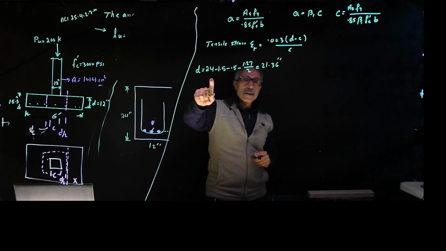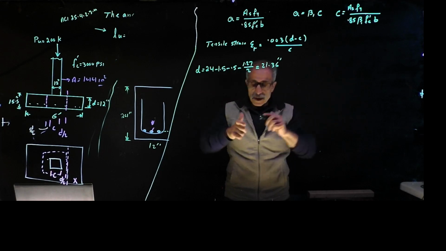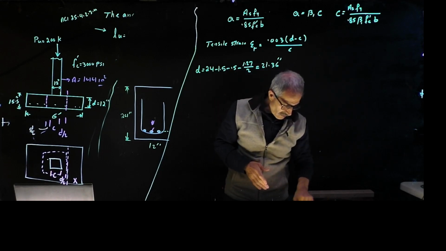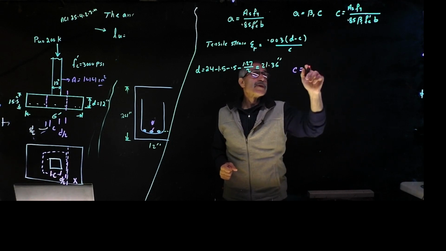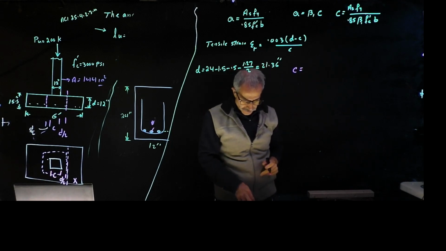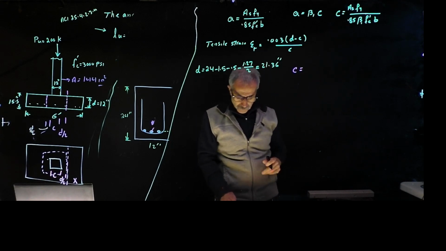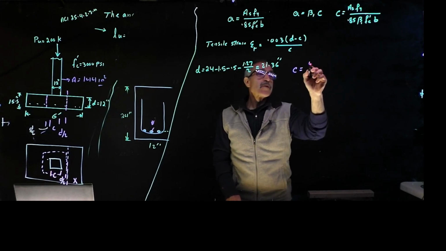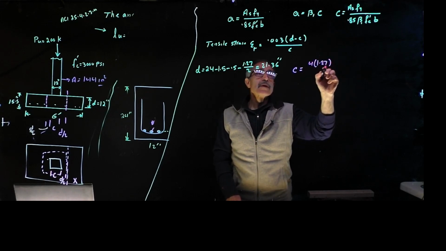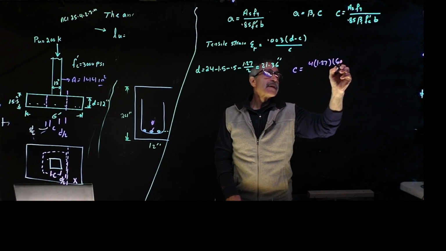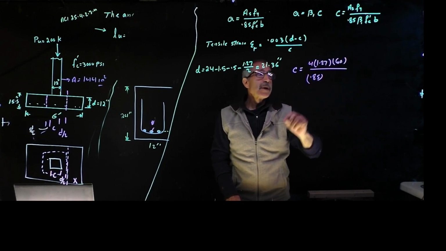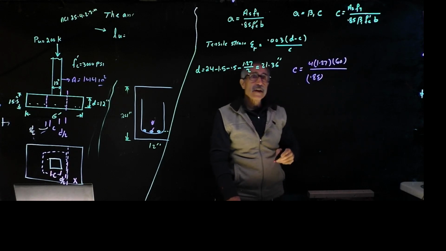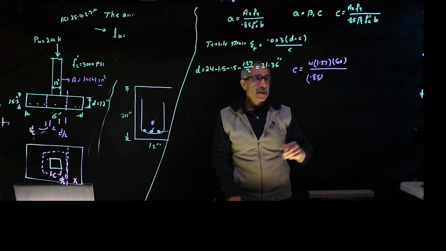So now we have that, and I'm going to calculate c right there. Let me use a different color. I'm going to say c is equal to, there's the equation, As comes out to be 4 of them, 4 times 1.27 times 60, divided by 0.85, and beta1 for 4,000 pound concrete is 0.85.